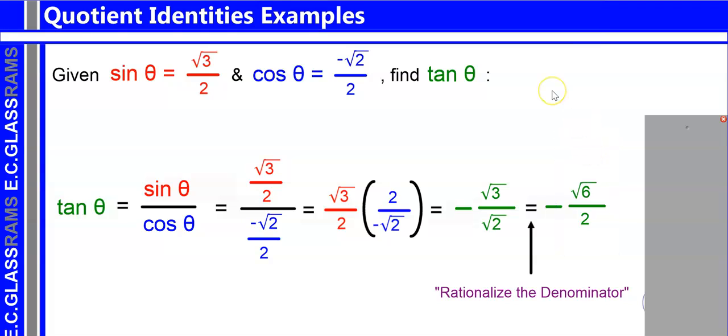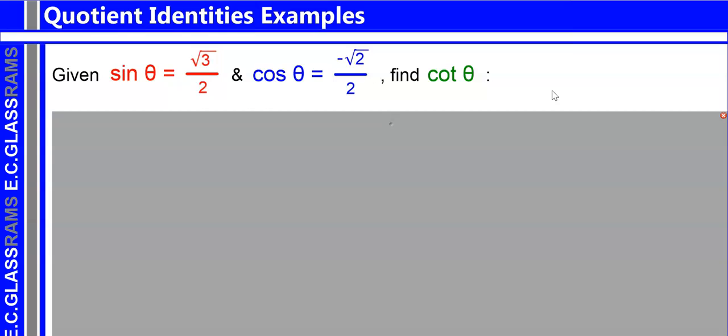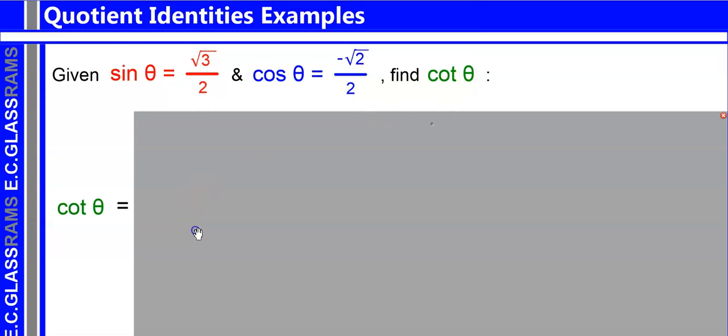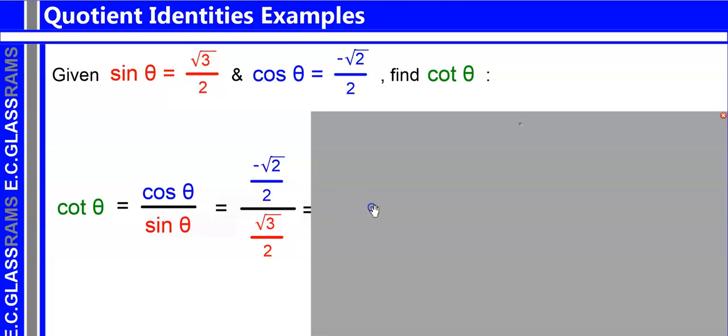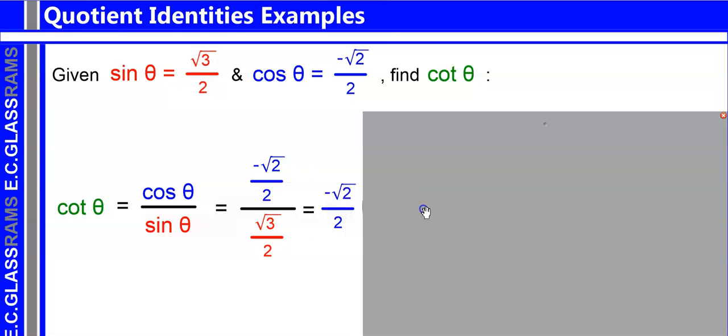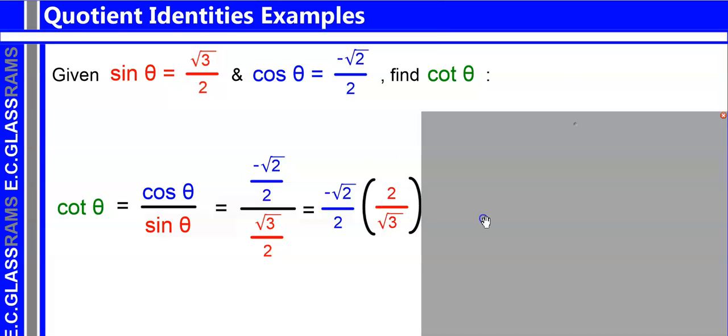If we go to the next example, however, the last one actually, let's say we're given the same trig function values, but we're asked to find cotangent. Well, remember that cotangent is the reciprocal. So you say cosine over sine. Take the blue fraction over the red fraction. But remember, dividing one fraction with another is the same as the first being multiplied with the second fraction flipped, or the reciprocal of it.